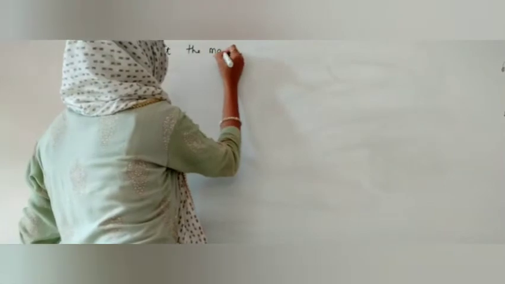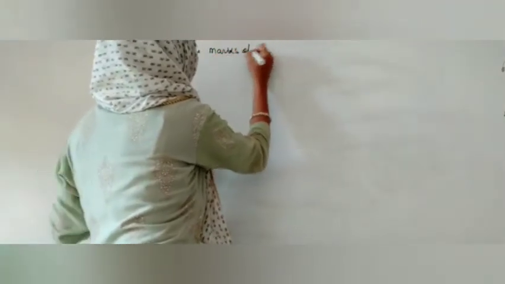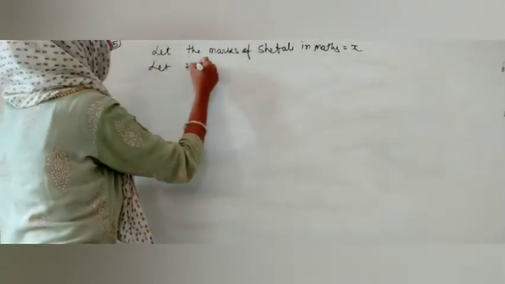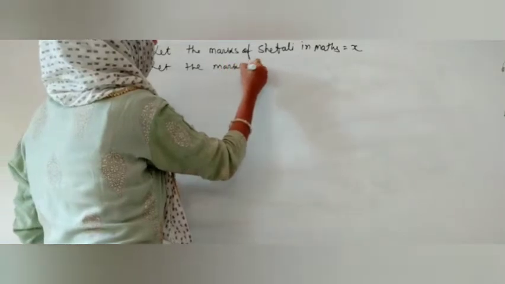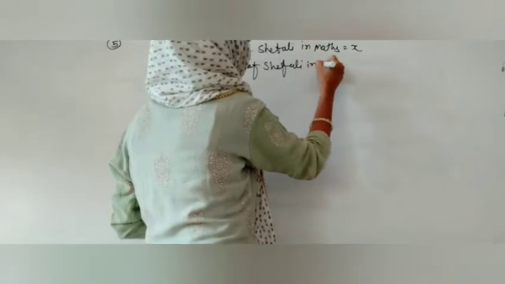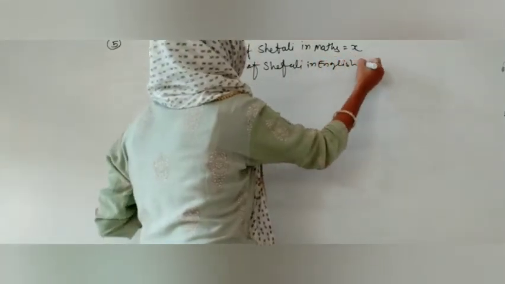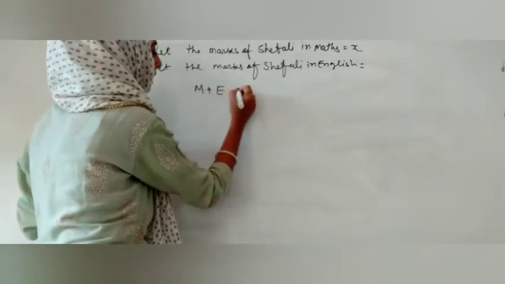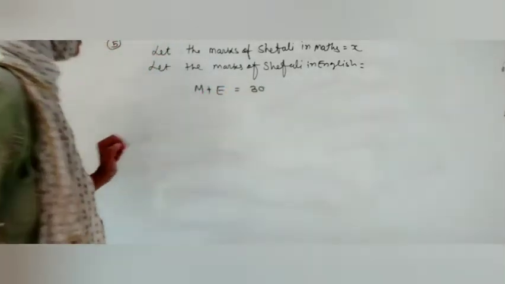So here we will guess, let the marks of Shefali in maths as x, or mathematics as x, and let the marks of Shefali in English, that we have to guess. So if they have given that the marks she is getting in maths and in English, they have given in the statement that it is 30.